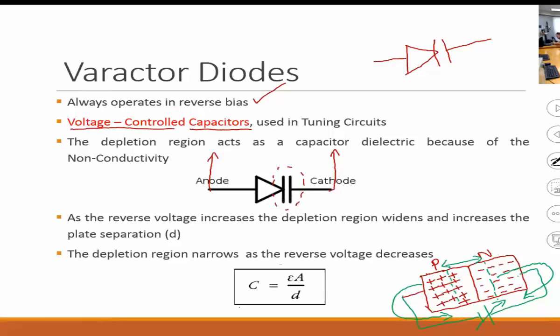In order to know that, you need to remember what is meant by a capacitor. What a capacitor really is, not the application of a capacitor, but how to form a capacitor.